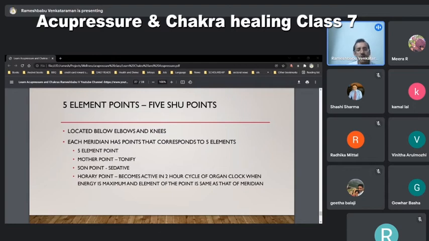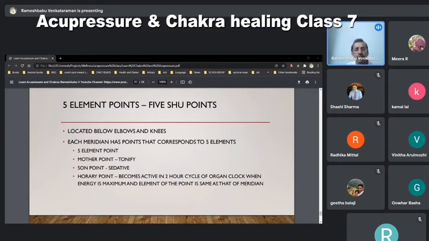So if you have any organ related disorder, you can choose the horary point and treat it at that time. For example, if you have a lung problem, between 3 to 5, if you treat the horary point of lung, your disease will heal very fast, right? That is called the horary point.